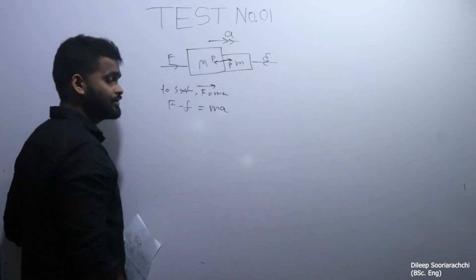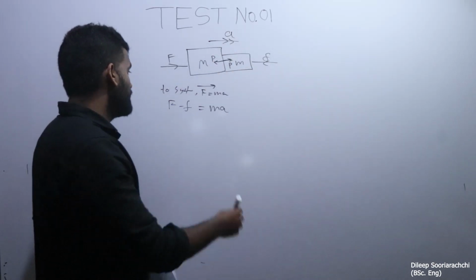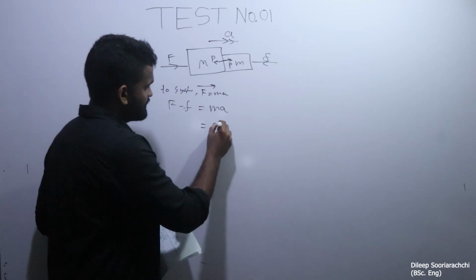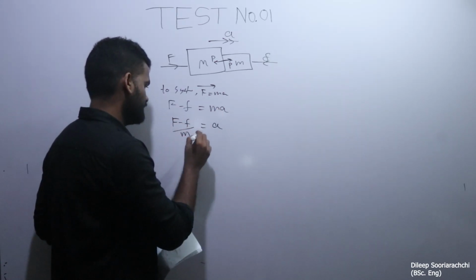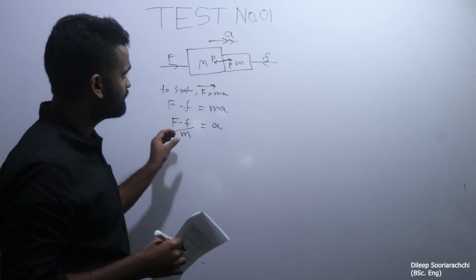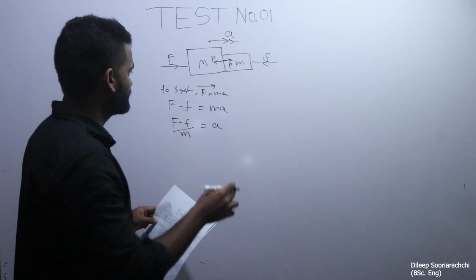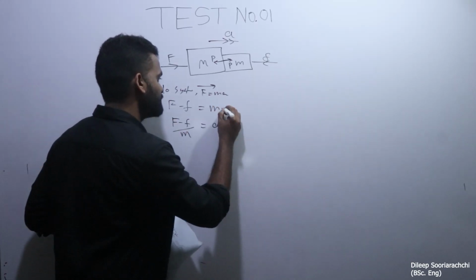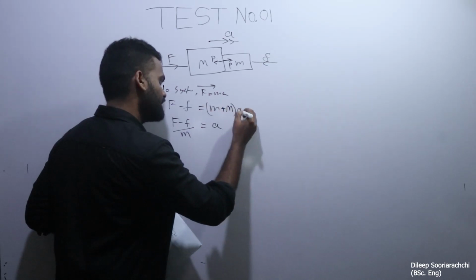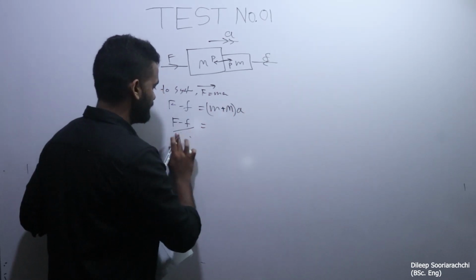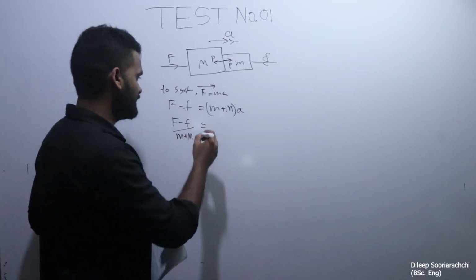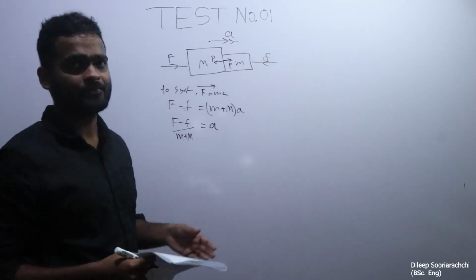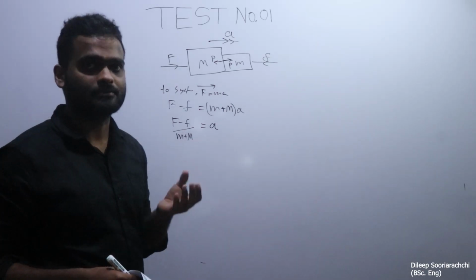Let's say the acceleration is simple a. Then a equals F minus simple f divided by the mass, simple m plus capital M. This is the acceleration of the system.